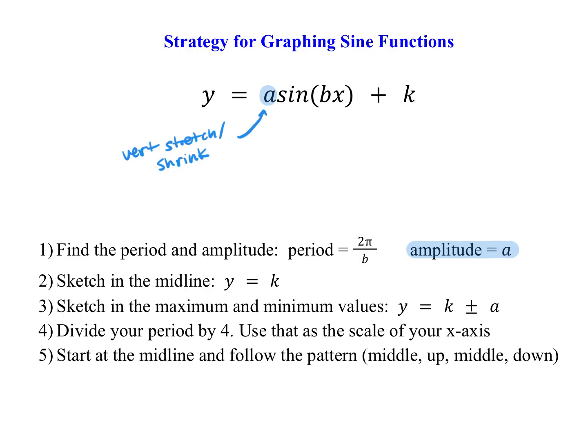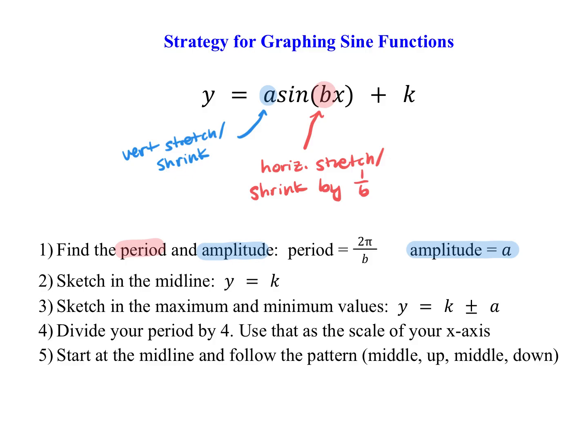So that's how you find the amplitude. We're also going to need to find the period. The period is the horizontal length that it takes for our graph to complete one cycle. Something that could affect our period is this b value, which remember is a horizontal stretch or shrink by a factor of 1 over b, the reciprocal.